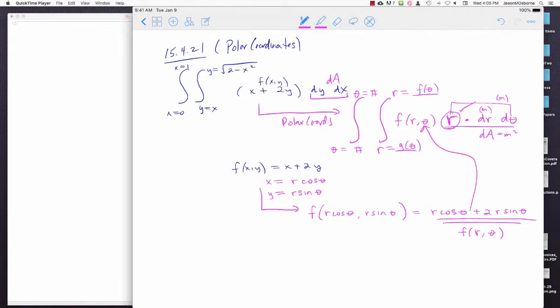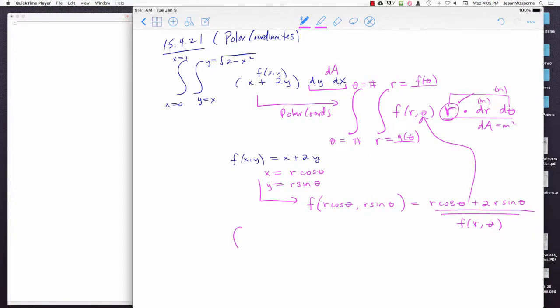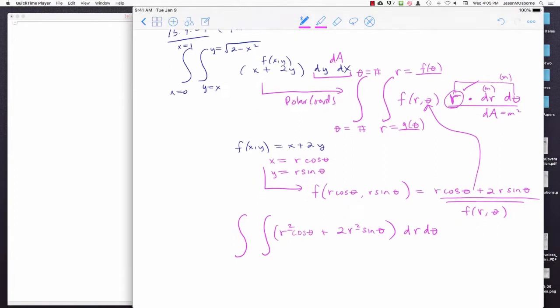And then the hard part, as it always is with multiple integral problems, is that we need to sketch the region so we can figure out our limits of integration. That's always the hard part. I multiplied the r through, so now I've got r squared.